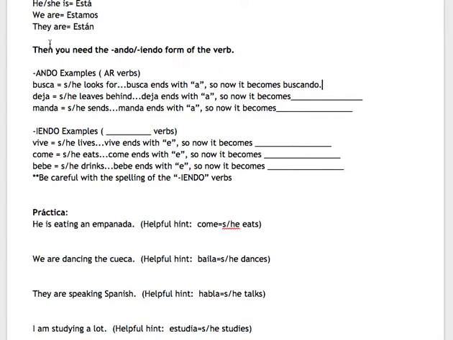Deja, he or she leaves behind, ends with A, and now becomes dejando. Manda, he or she sends, ends with A, and it now becomes mandando. Okay, so that came from buscar, dejar, and mandar. Basically, you just take off the AR or just the A if it's already conjugated, and then you turn it into ando.